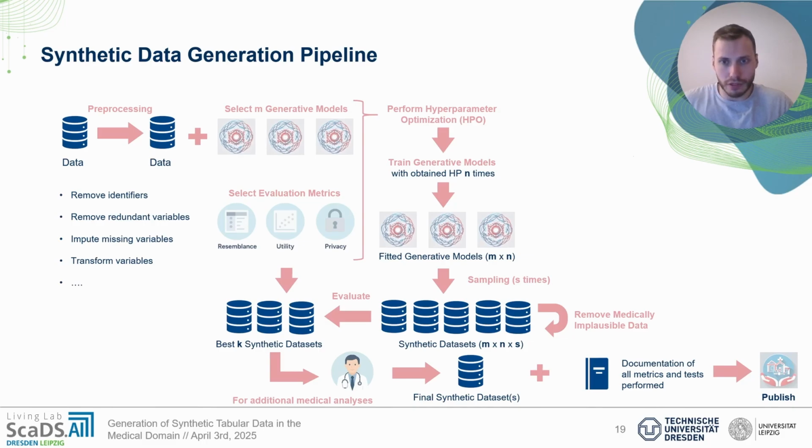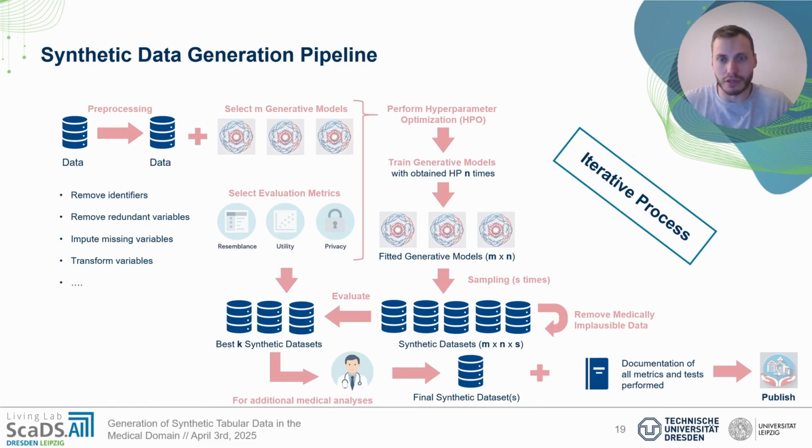One important thing to say is this whole process is iterative, because it seems here like it's always like this, but it kind of depends. If at certain points we see that the quality is not as good as we wanted it to be, then we might need to go back to the pre-processing step, for example. It could be, for example, that when we try to remove medically implausible data, we see that we removed 80% of the data, then something is wrong, and we maybe need to think about different transformation steps in pre-processing.